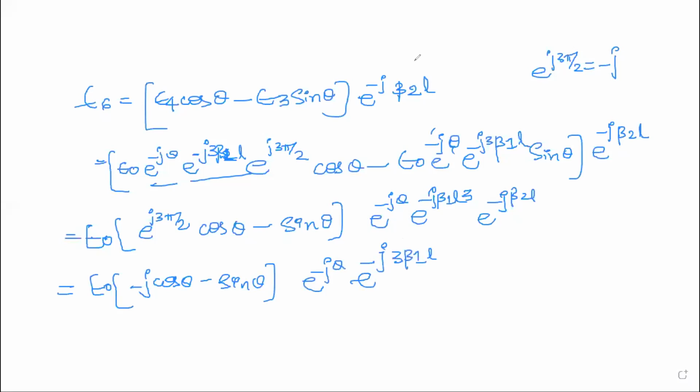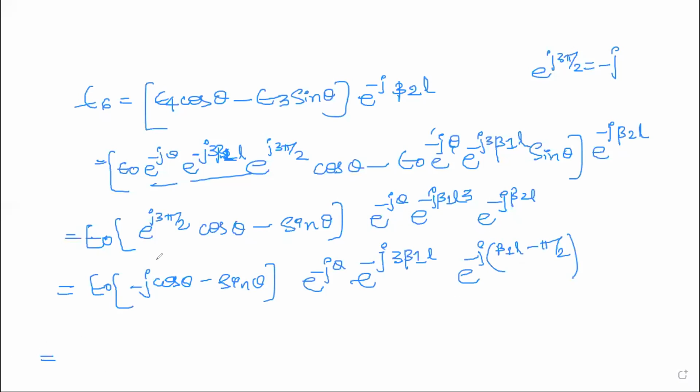Now instead of beta 2, you have to substitute in terms of beta 1. So what is the beta 2 value in terms of beta 1? How did you write beta 2L? Beta 1L minus 90 degrees, I'll write it as pi by 2.